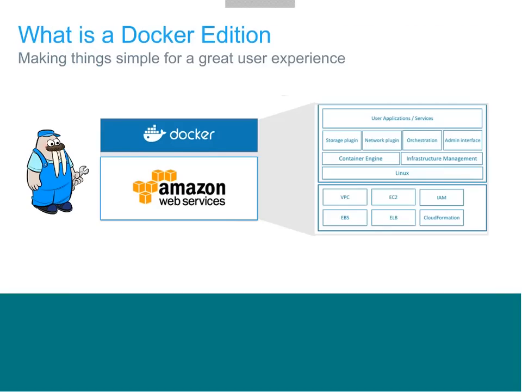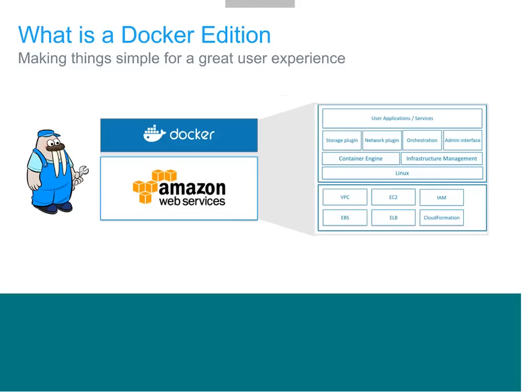So just to step back a little bit and go through what an edition is. A Docker edition is a product that's built by Docker. The example here is Docker for AWS. The idea with a Docker edition is that we built a great way to run the Docker platform on a particular set of infrastructure, in this case, Amazon Web Services.